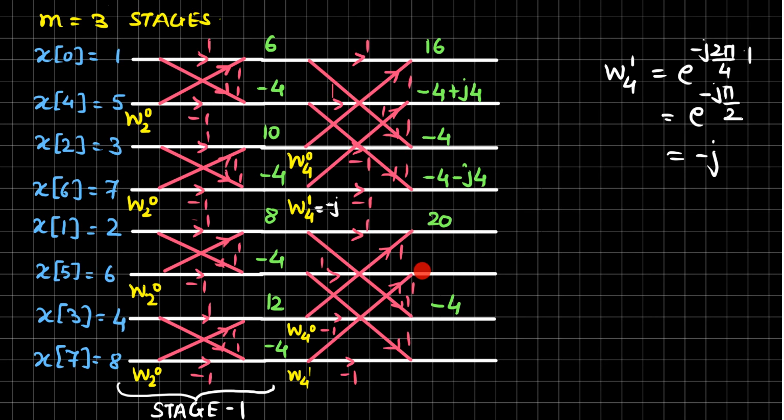If we observe this point, it is minus 4 into W4 to the power 1, and we had found that this W4 to the power 1 comes out to be minus j, so it is minus 4 plus minus 4 into minus j, so at this point we have minus 4 plus j4, and similarly at this point we have minus 4 minus 4 into minus j, so here we have minus 4 minus j4.